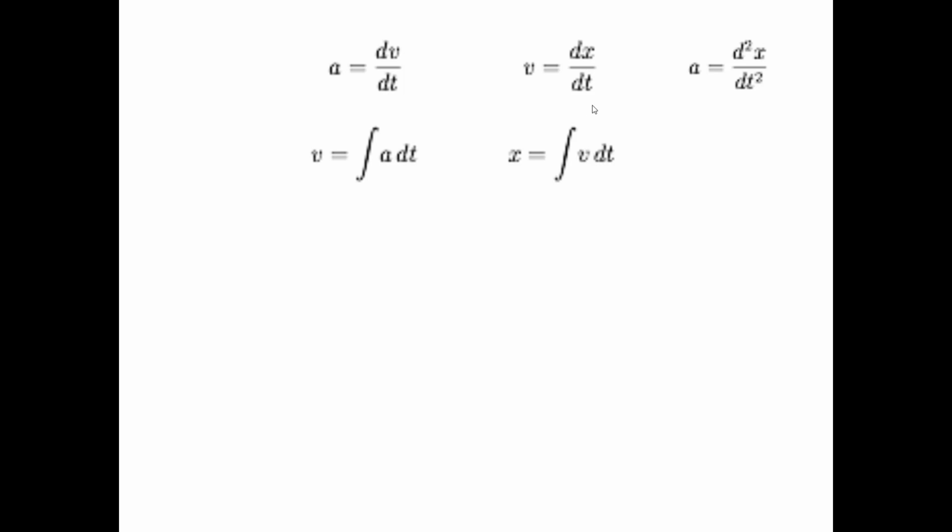And lo and behold, oh my gosh, we have some integrals. This is one of those weird times where you say to yourself, when am I ever going to use calculus? And this turns out to be one of them. But you don't have to worry about it too much. What's happening is that we can figure out the distance by accumulating all those little slices of velocity over the course of time.